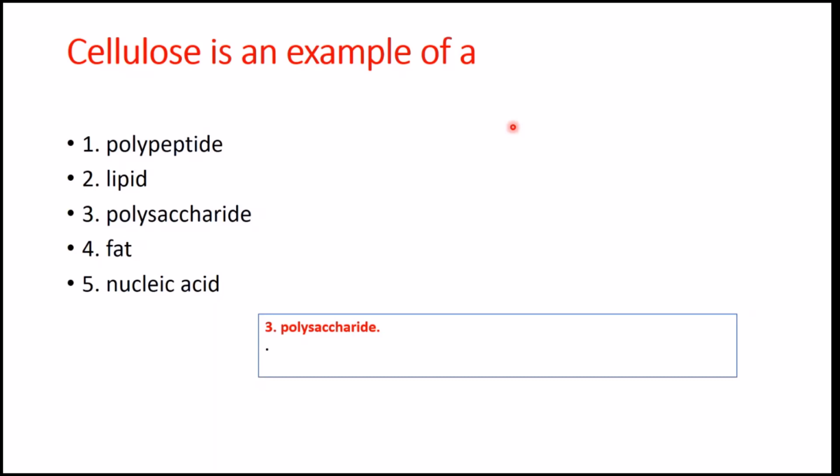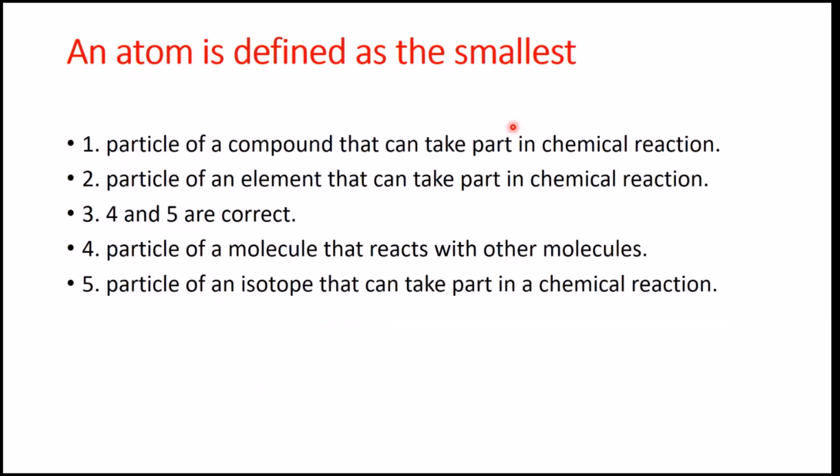An atom is defined as the smallest. I should have removed the smallest, because it gives it away. Second option, 2. Okay, I had two. There's also 4 and 5 are correct. Only one person said 2, right?